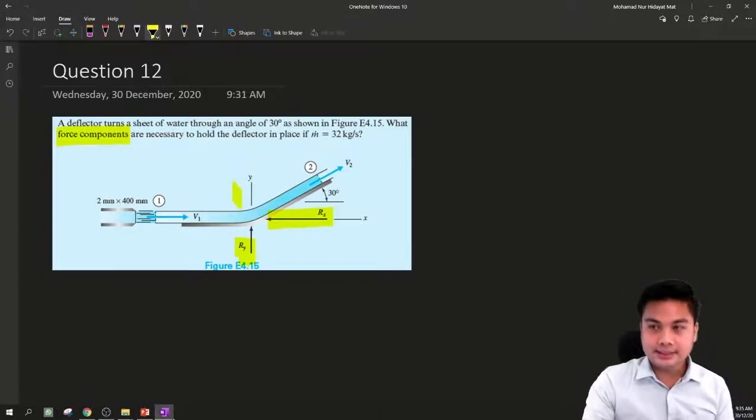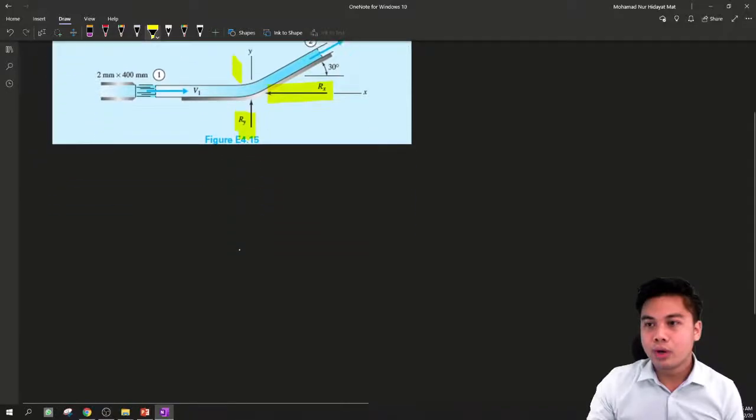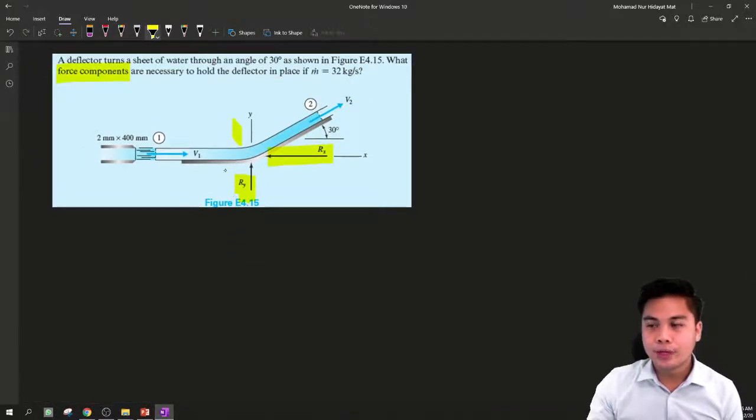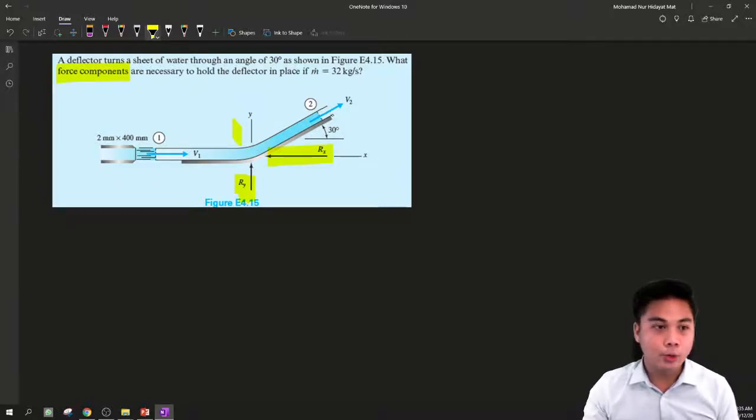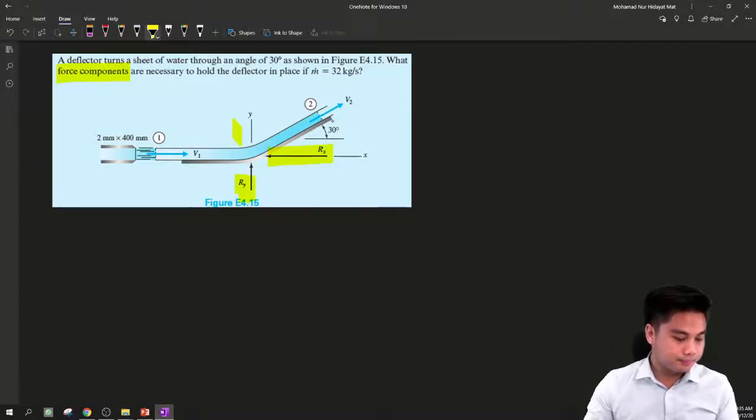So the first step, what we're going to do is find the velocity. You can see we have the velocity at the inlet and the velocity at the outlet, right?